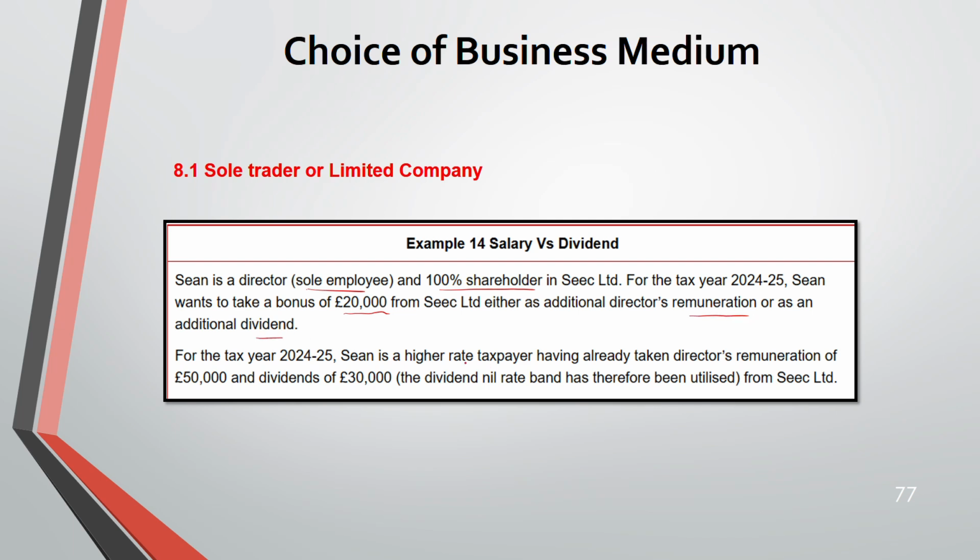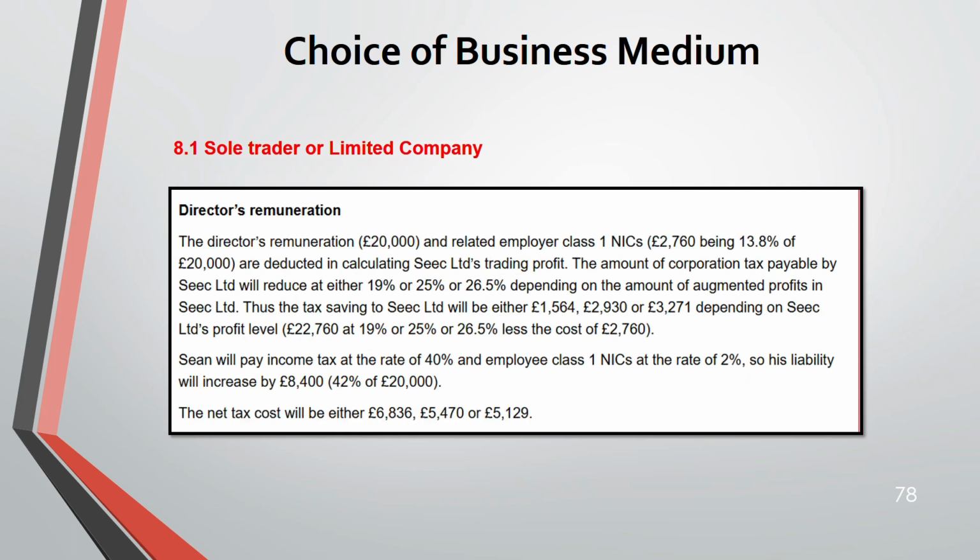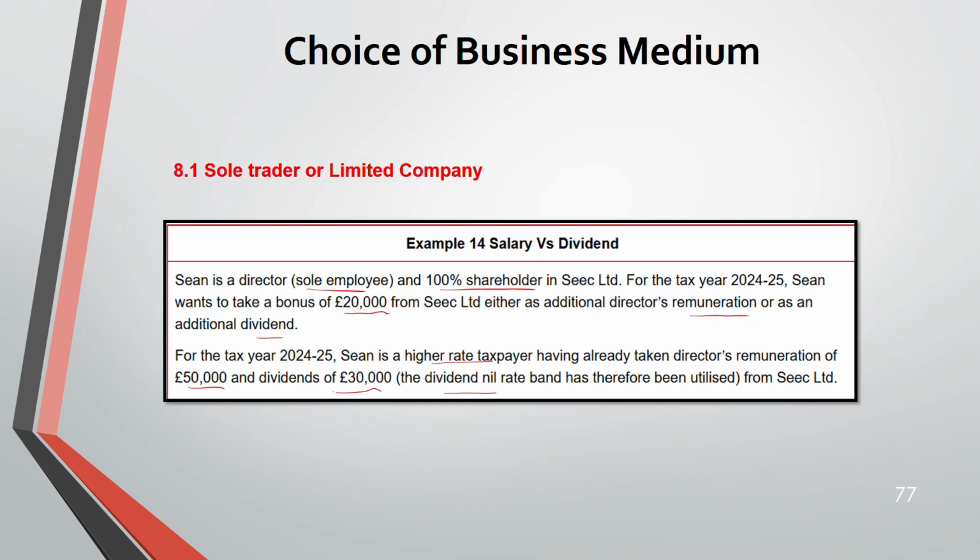Sean is a higher rate taxpayer, having already taken director's remuneration of 50,000 and dividend of 30,000. The dividend nil rate band has therefore been utilized. That means he utilized that nil rate band before, when he had the dividend of 30,000.